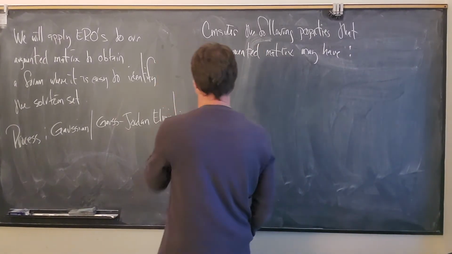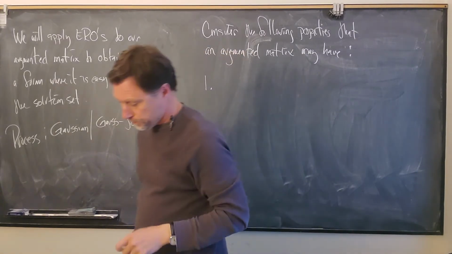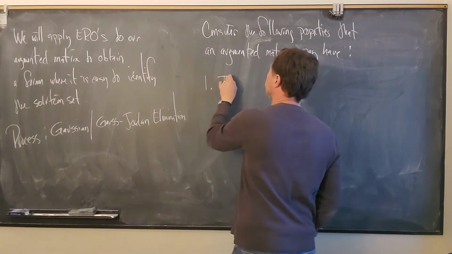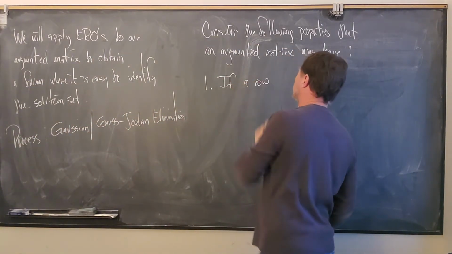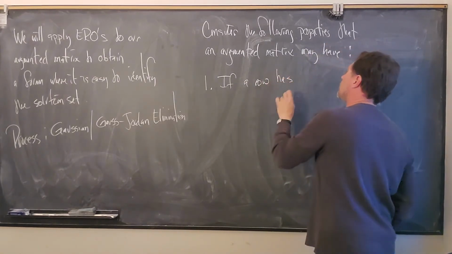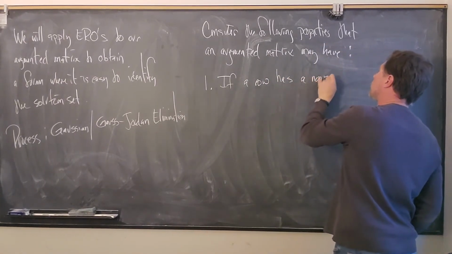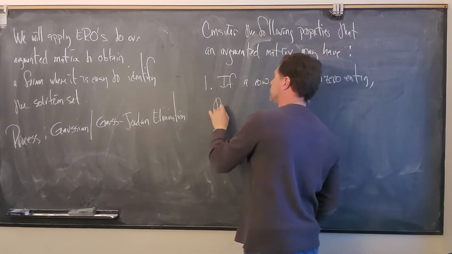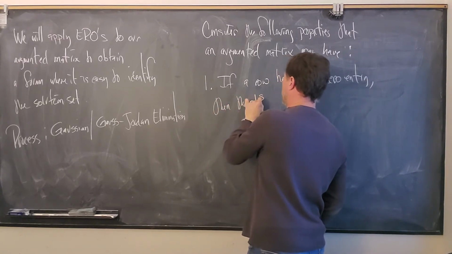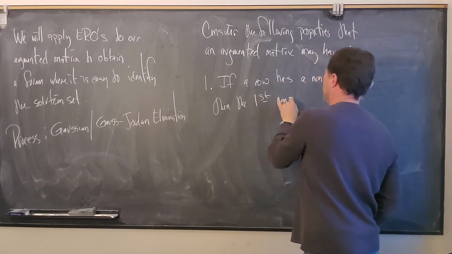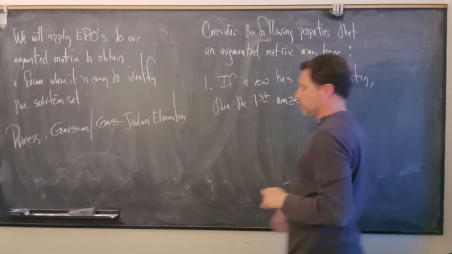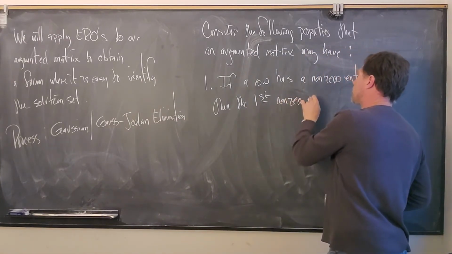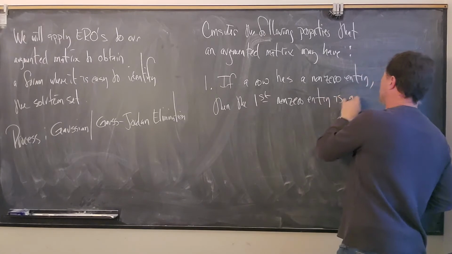The first one: if a row has a non-zero entry, then the first non-zero entry is a 1.